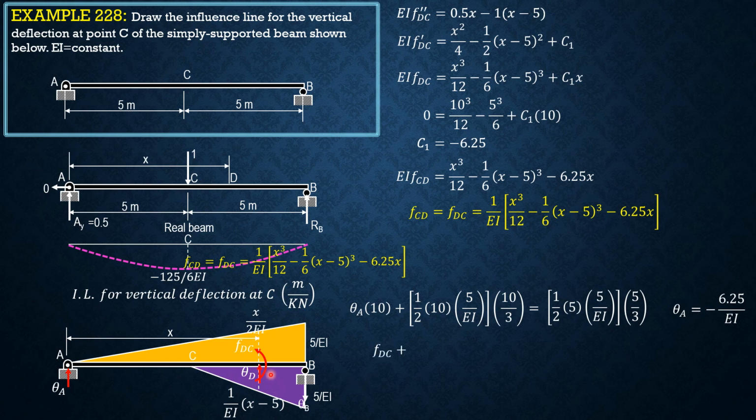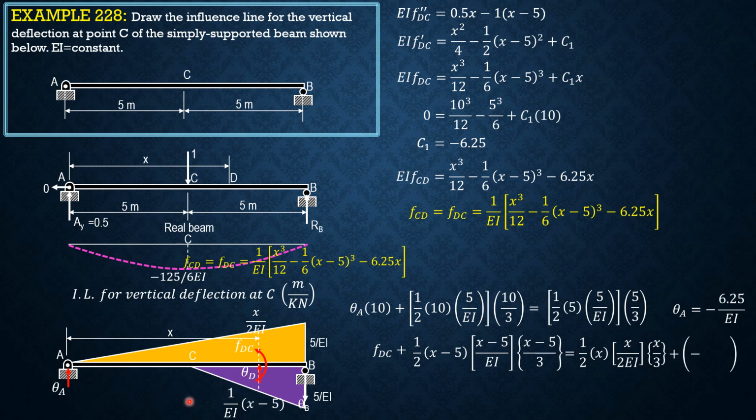So we have f_DC plus 1/2 of quantity (x minus 5) times (x minus 5) over EI times (x minus 5) over 3, the moment arm, equals 1/2 of x times x over 2 EI times x over 3 plus theta A times x, or plus negative 6.25 over EI times x.